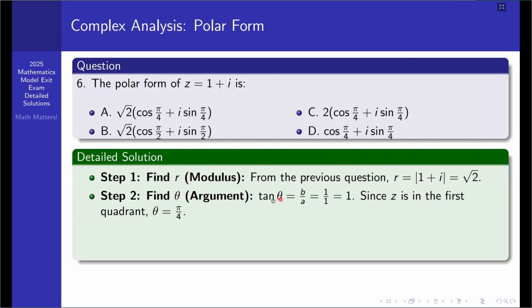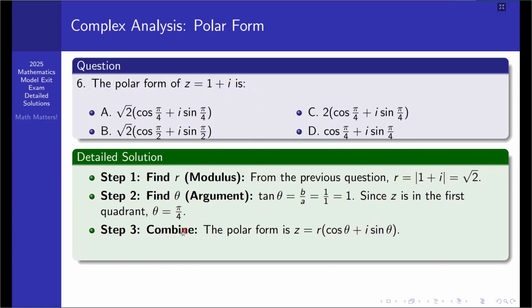And the argument, theta, by using the formula tan theta equals b over a, so 1 over 1, which is equal to 1. Since z is in the first quadrant, because both the real and the imaginary parts of the given complex number are positive, theta will be an acute angle, which is pi over 4.